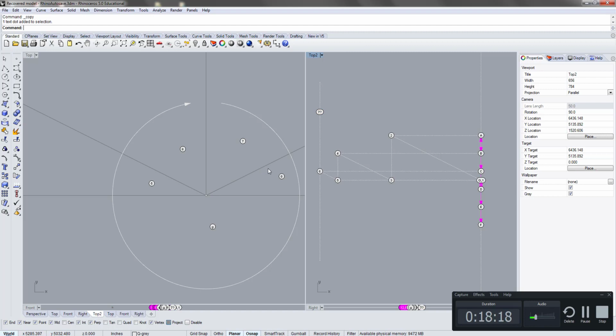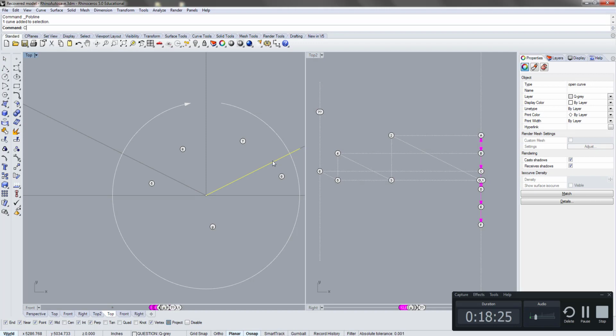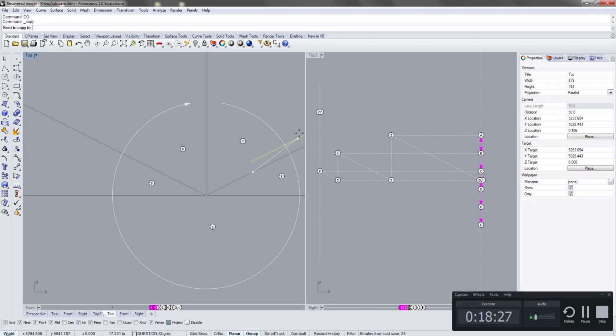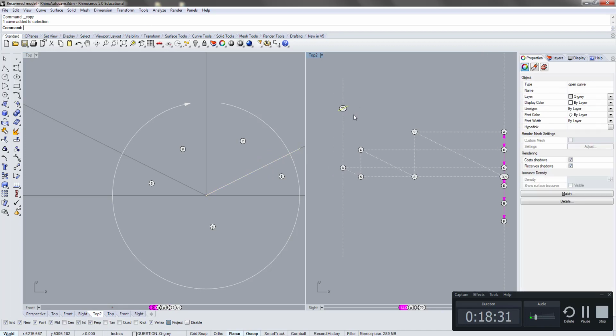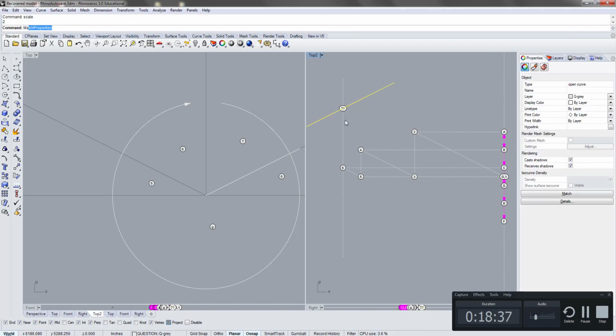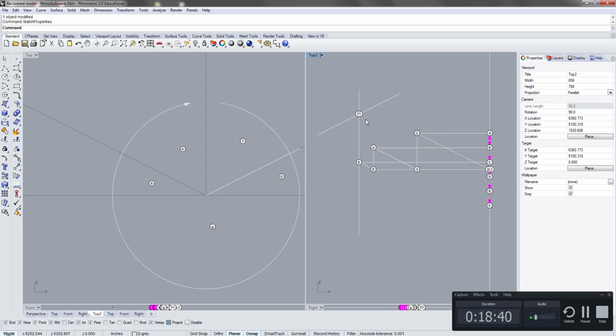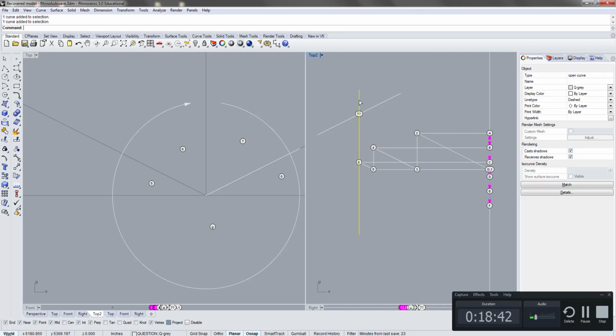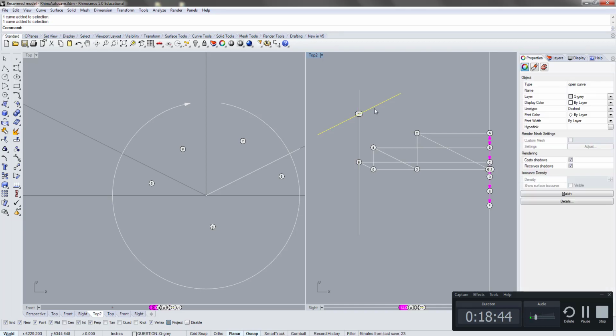That diagonal here is 7, 8, which should pass through 7, which we haven't located yet. So 7 is somewhere along this vertical, and we have this diagonal line.